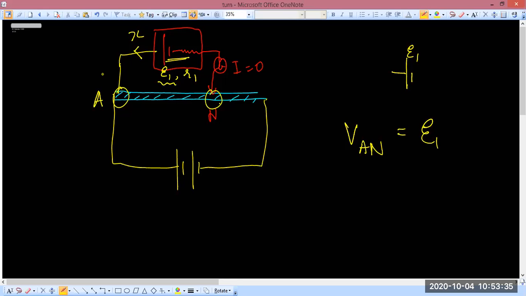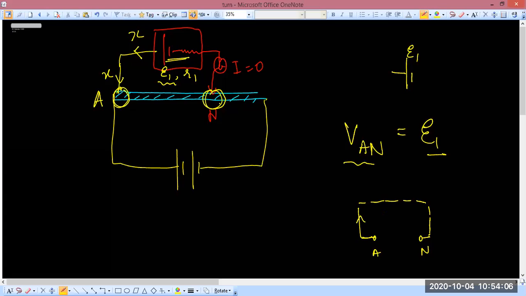But when it reaches here, because the potential difference between A and N is already equal to epsilon, the points A and N behave as if they are a separate battery and they are driving a current in this loop.